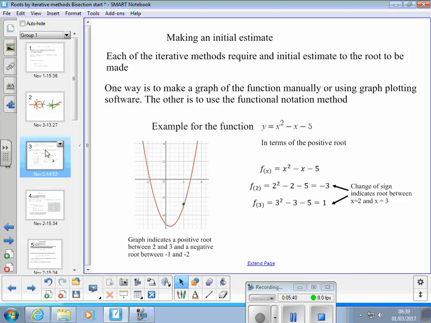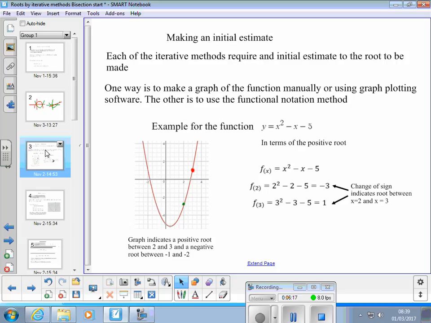And if we evaluate it when x is 3, we get a value of 1. That's the point up here. Because they're either side of the x-axis, we've got a change of sign between the two results. Therefore, we must cross the x-axis, a root between x is equal to 2 and x is equal to 3.